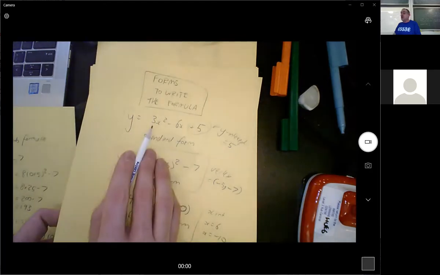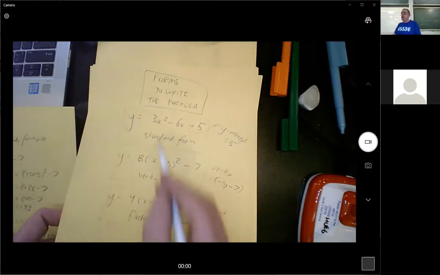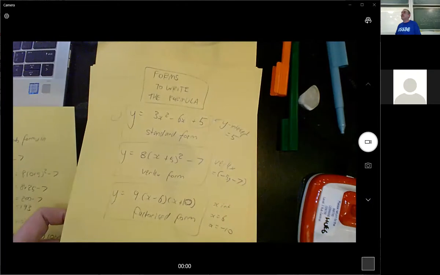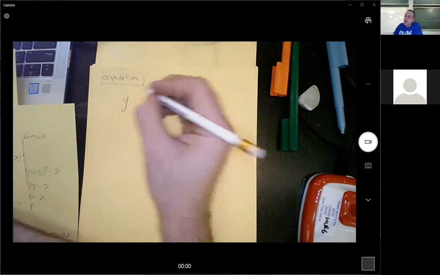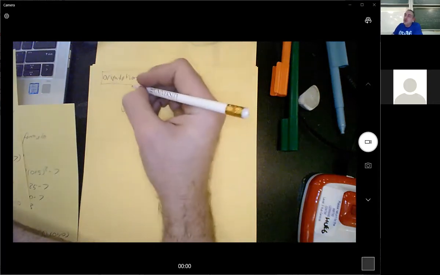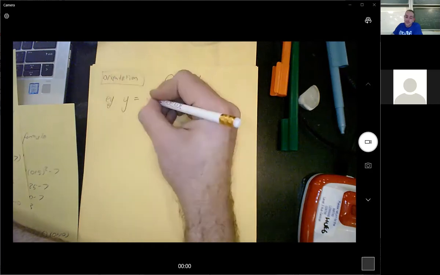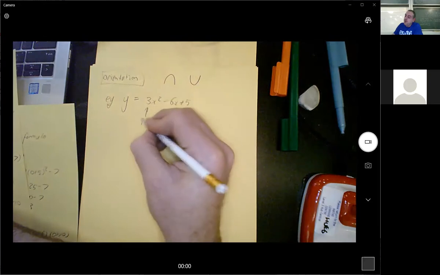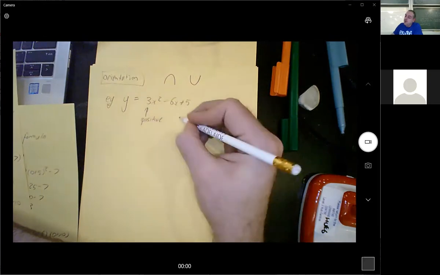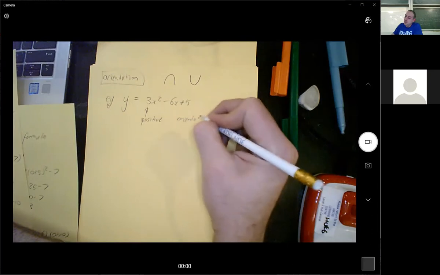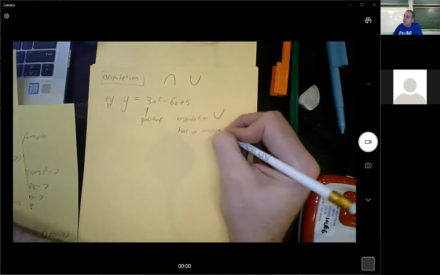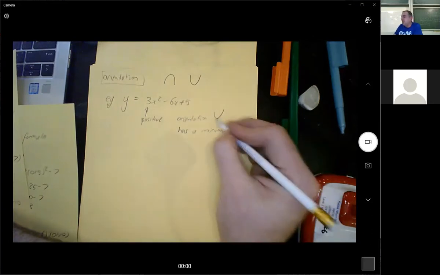It's a positive number, which means this one will go up. It'll have a minimum. So the idea is that whatever number attaches to the x squared, this is a positive number, which means that the orientation is concave up, which means it has a minimum, which is there at the bottom.